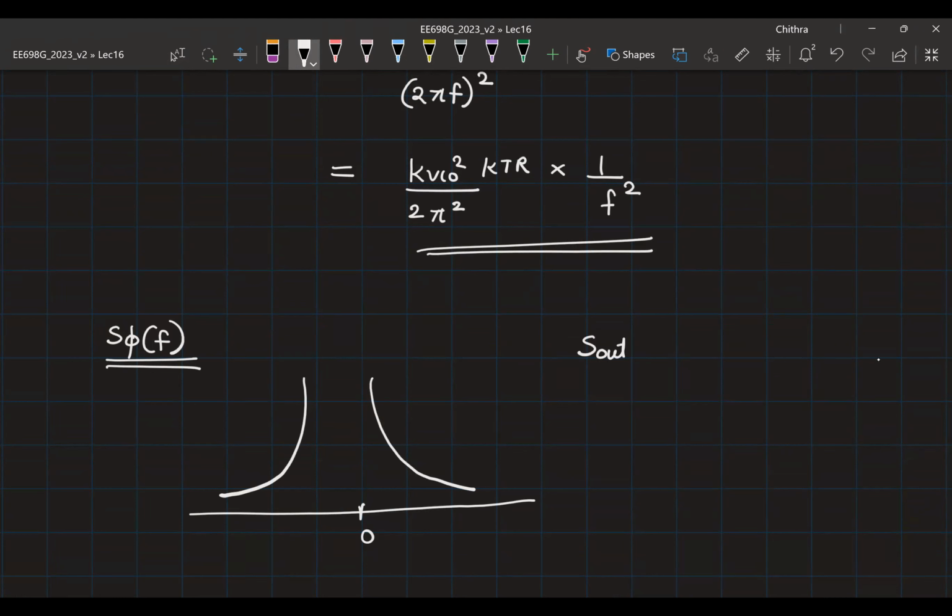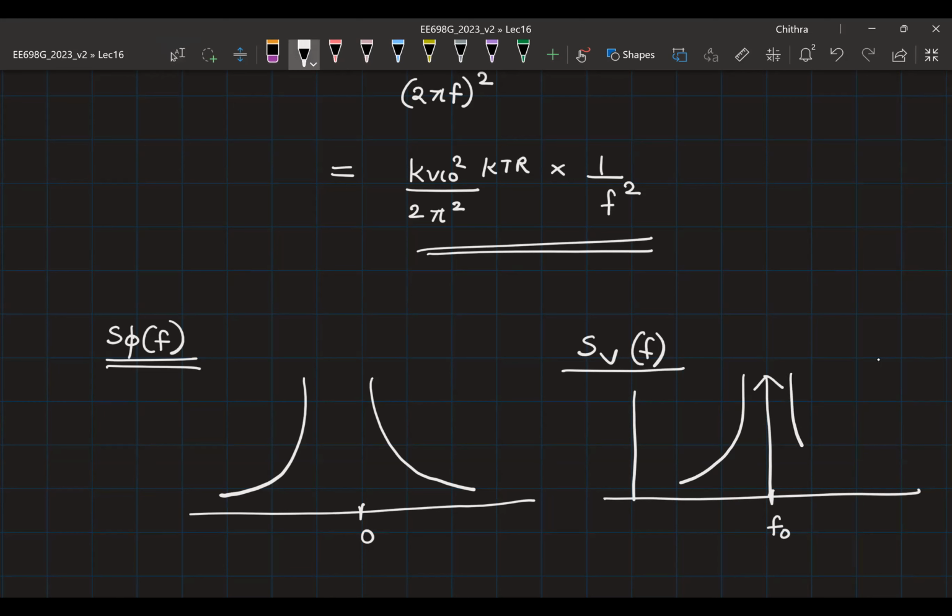Now S out of f, the voltage domain. So SV of f, how would this look like? Let me draw the one-sided PSD. Around the required frequency, some f0, I will have an impulse based on the narrowband approximation. I will have this impulse corresponding to the frequency f0, and I'll have S phi of f scaled and shifted. This is okay.